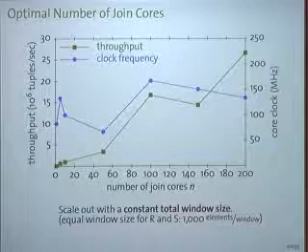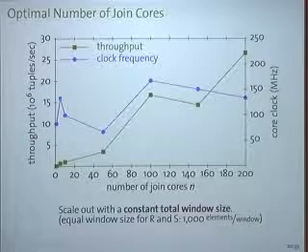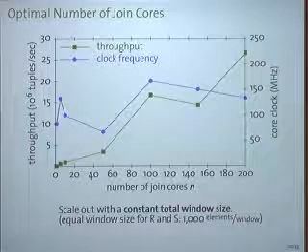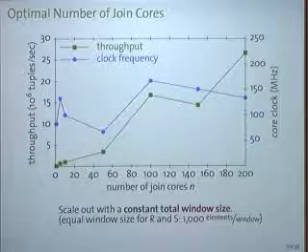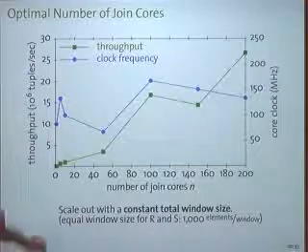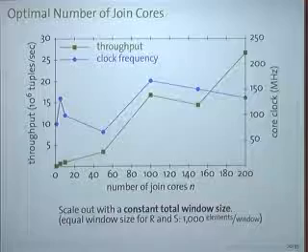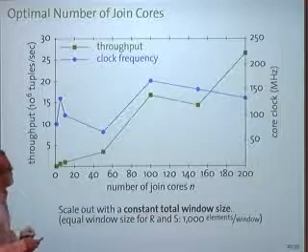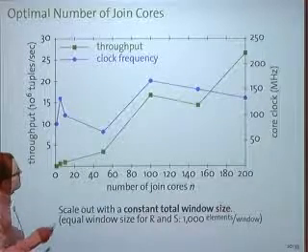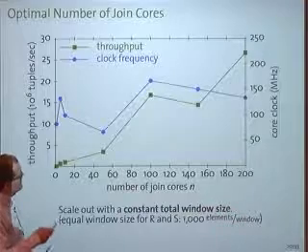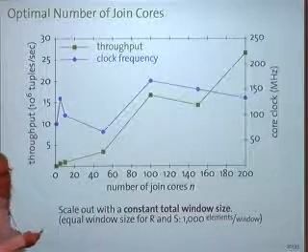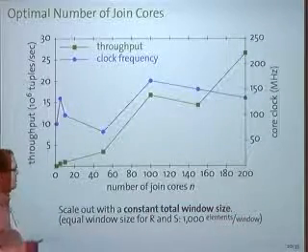If you go to 5 cores, we get to 150 megahertz. Then it suddenly drops, increases, and drops again. This is an interesting observation, in particular what happens over here. As we increase the cores, the clock frequency drops, such that we're not getting any more benefit from increasing the number of cores.